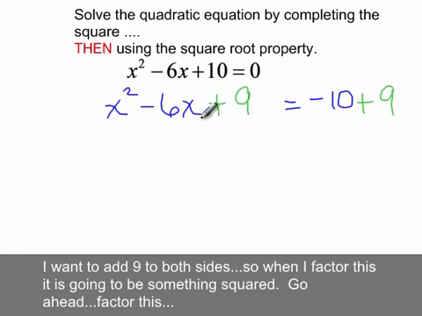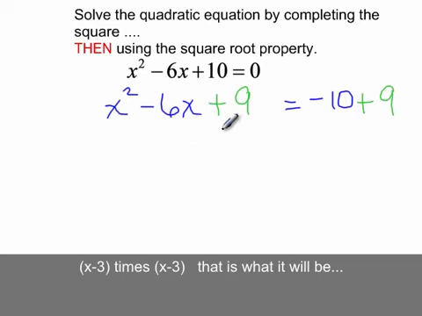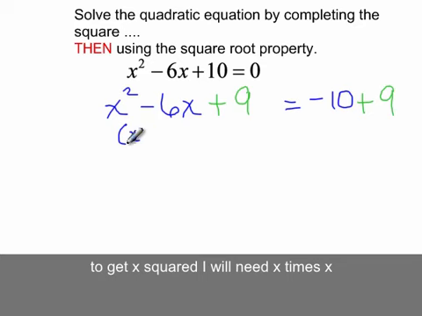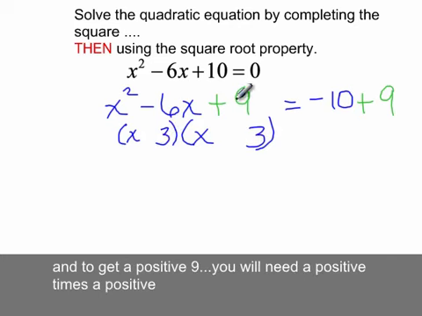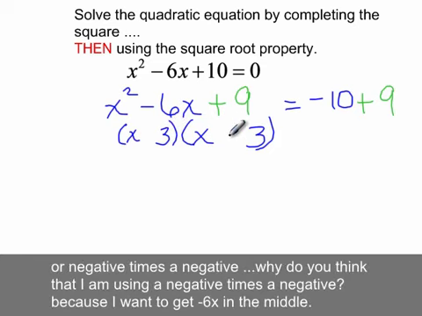Go ahead, factor this. x minus 3 times x minus 3, that's what it will be. To get x squared, I would need x times x. To get 9, I can use 9 times 1. That won't work. Or 3 times 3. I'm going to use 3 times 3. And to get a positive 9, you need to use a positive times a positive or a negative times a negative.